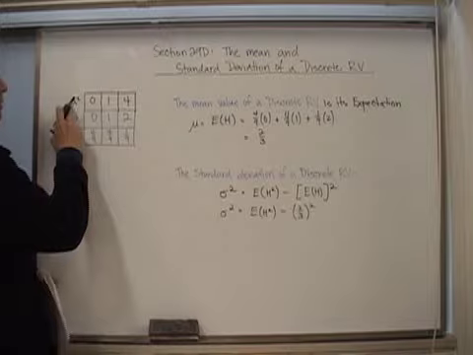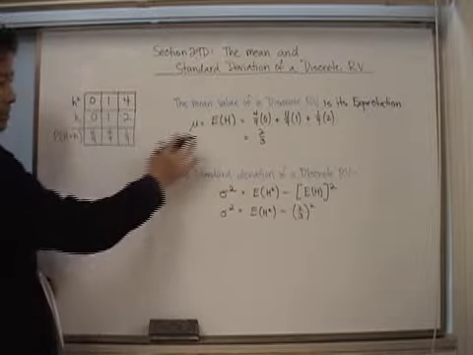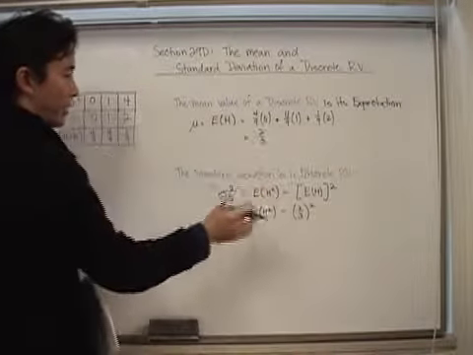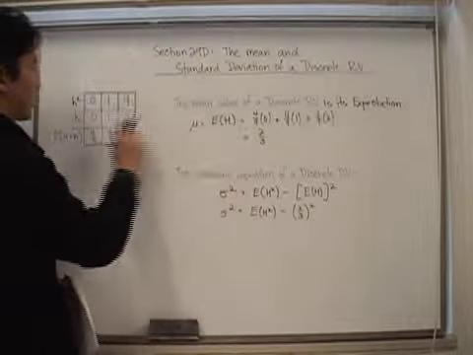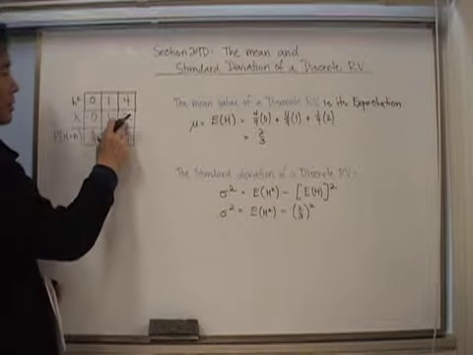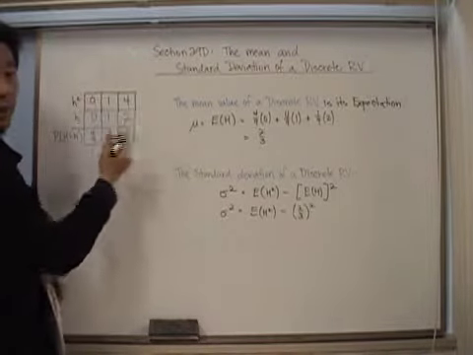The expectation of h squared you calculate exactly the same way as before, except that instead of using the values of h, you use the values of h squared.